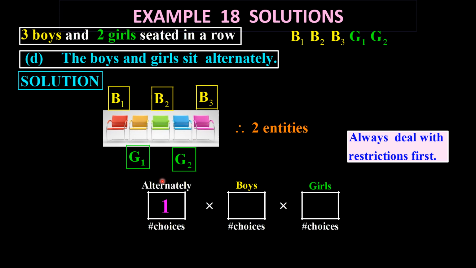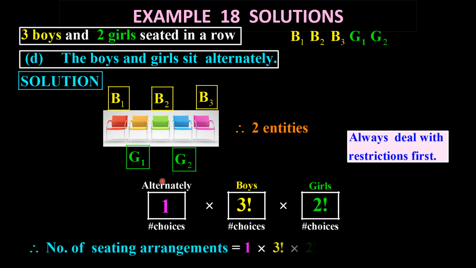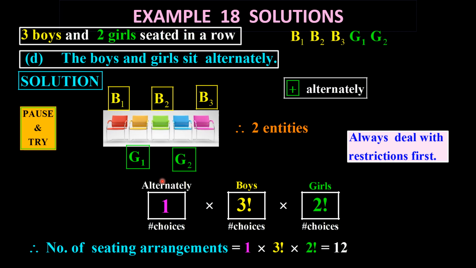How many boys do we have? 3. So the boys can be arranged in 3 factorial ways, and the girls can be arranged in 2 factorial ways. So sitting alternately, it's 1 times 3 factorial times 2 factorial, and if we calculate that, that's exactly 12.